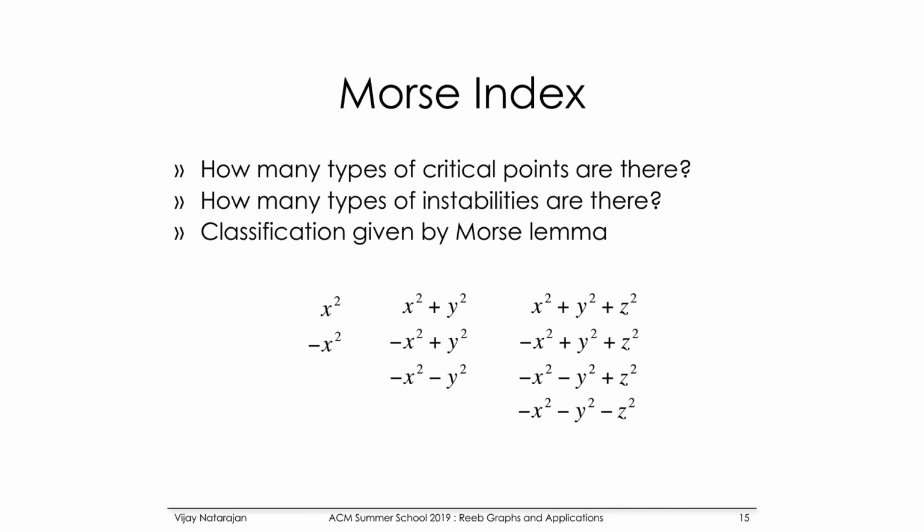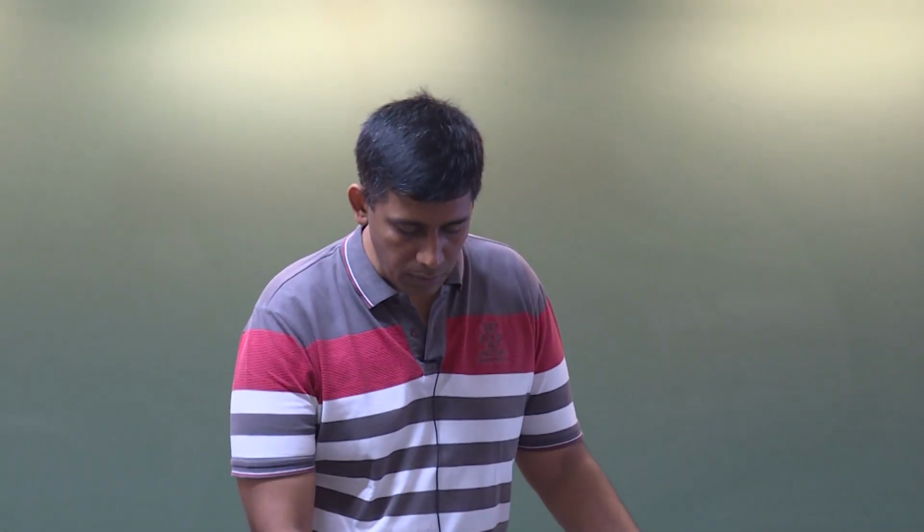And you have other critical points. In 3D, you actually have 4 types of critical points: minimum 0, maximum 3, and then 1 saddle and 2 saddle. This is what we need out of Morse theory. One of the primary results of Morse theory was the Morse lemma, and what we are trying to take away from Morse theory is this Morse index. Okay.